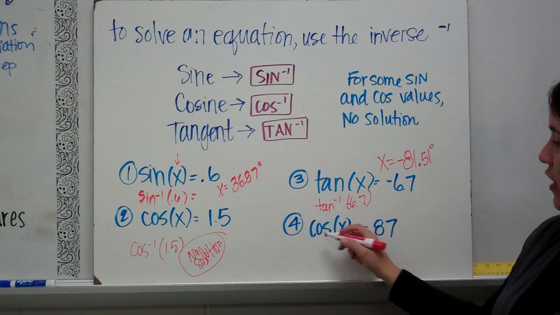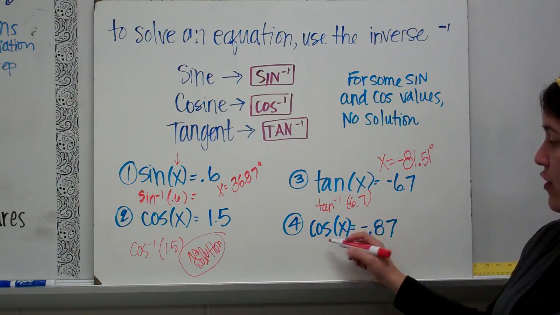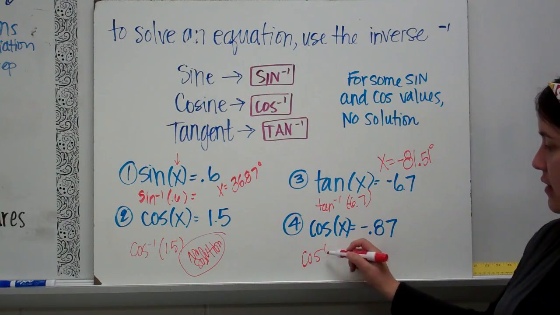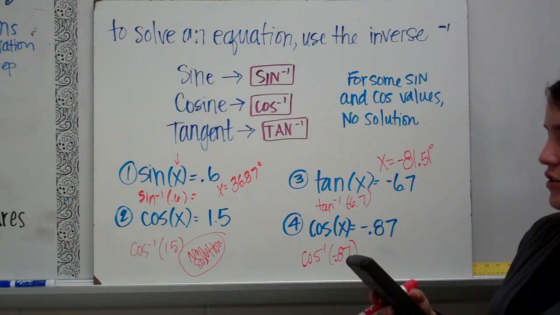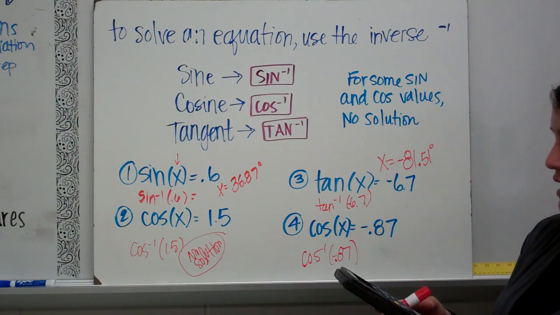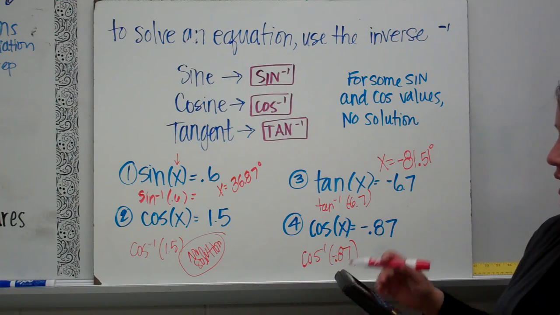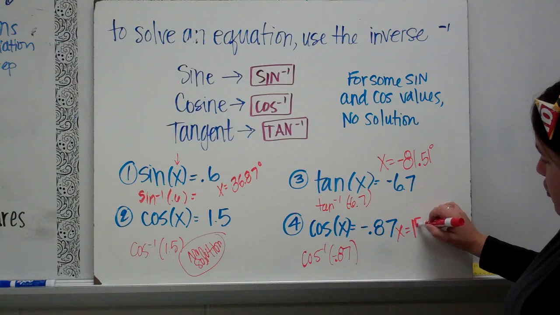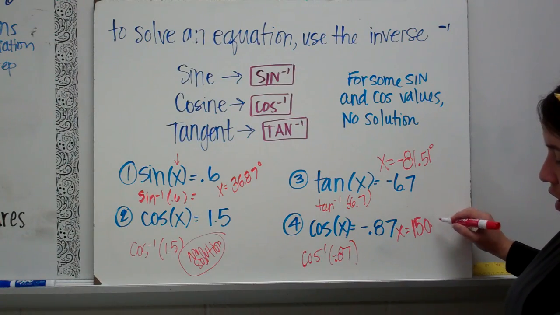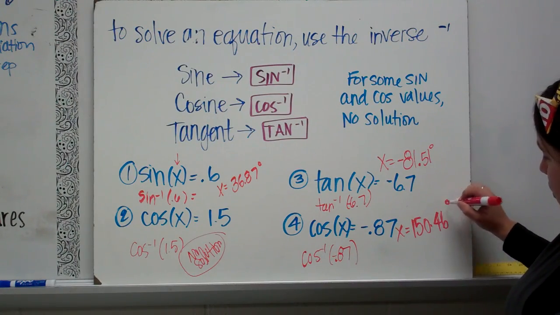And number 4, because we're trying to solve for the angle, it would be cosine inverse of negative 0.87. So the inverse of cosine, negative 0.87, and x is going to equal 150.46 degrees. Now I'm rounding.